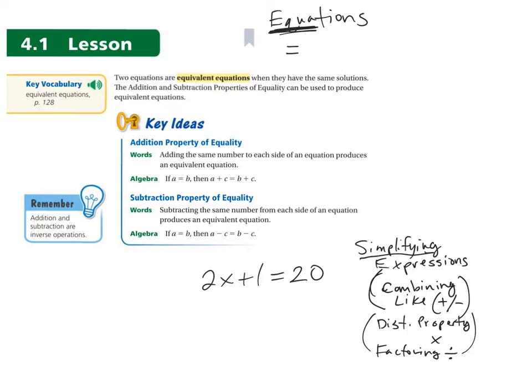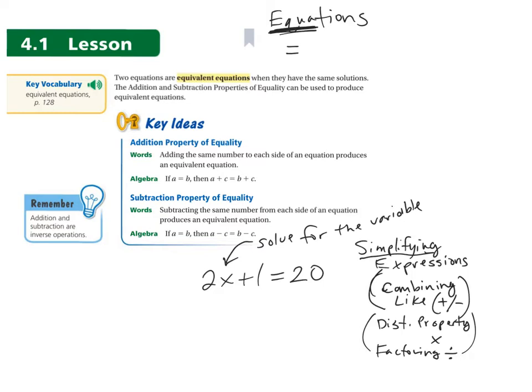And what we're going to try to do in this chapter is solve for the variable. Okay, so there is a specific number that when I multiply it by 2 and add 1 to it, I get 20. Okay, and we'll learn how to solve that.